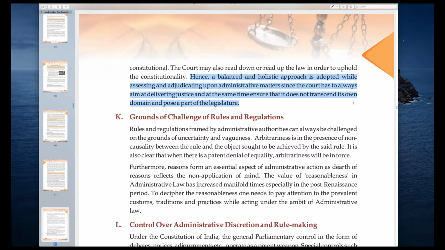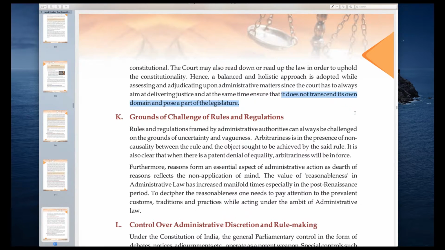Well, see, as of now we have read that the judiciary comes into the picture and decides what is within the framework of the constitution and what is not. But here, the last line that you need to focus on is that it doesn't transcend its own domain and pose as a part of the legislature, meaning the judiciary also has limited power.